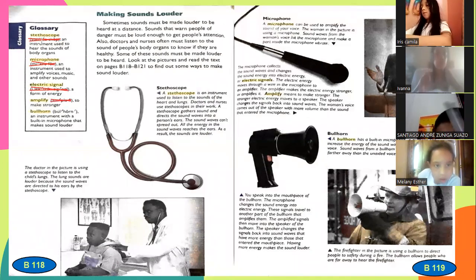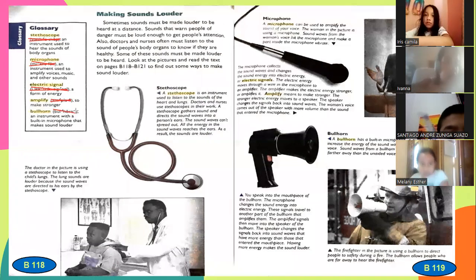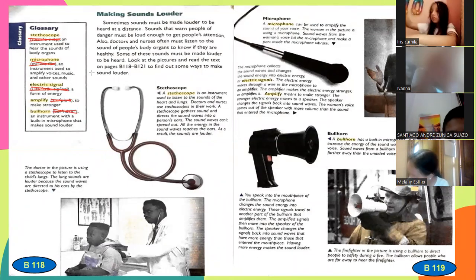Just copy: Stethoscope, an instrument used to hear the sound of body organs. Please copy that. There are 6 definitions in total. So copy from here, and then I'm going to show it to you later.